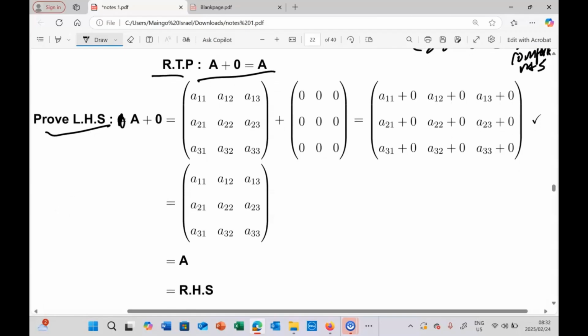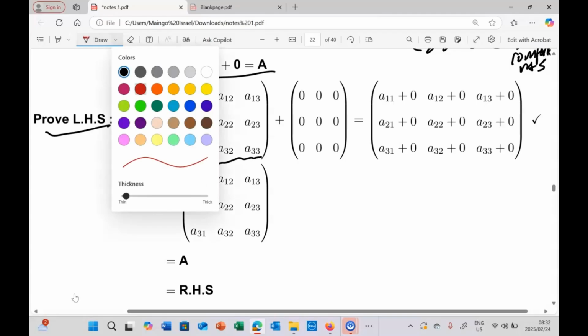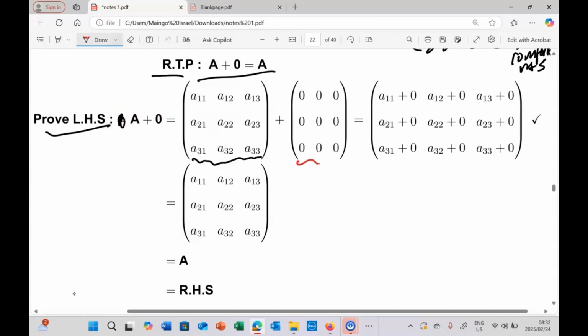So prove the left hand side. This is just A plus 0, which equals, what is matrix A? Matrix A is this one. Then matrix 0 is this one, the 0 matrix, sorry. Now this is matrix A, this is the 0 matrix. We're adding them together.